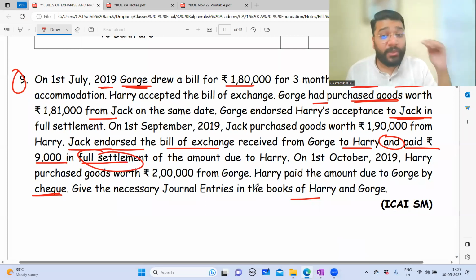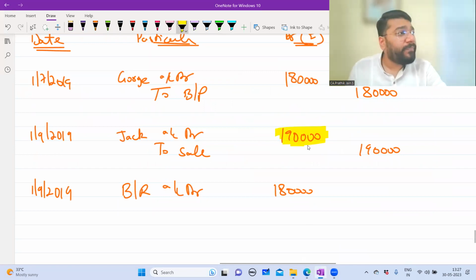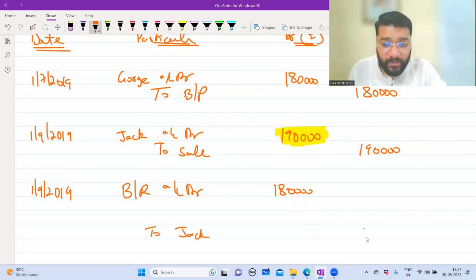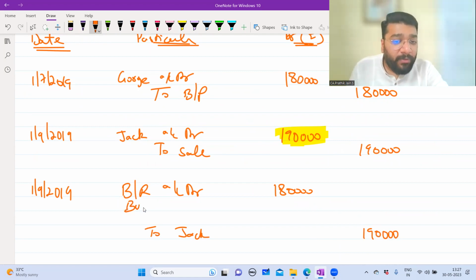So they're settling Jack's account fully. So now, guys, how much are we supposed to receive from Jack? 190. And we are settling fully. So 190 we are supposed to receive. In that 180 you have received in form of bills receivable. In form of cash or bank, we are receiving how much? 9.